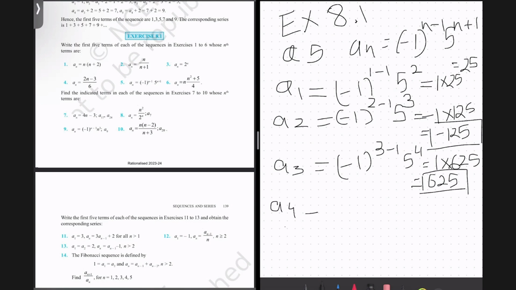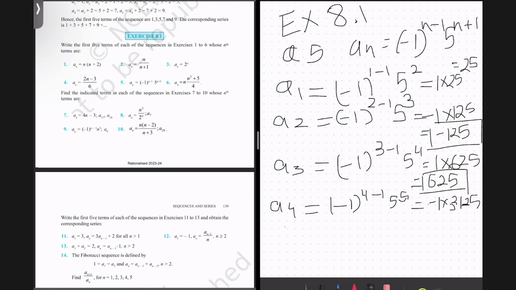Right. For a_4, minus 1 to the power 4 minus 1, 5 to the power 5. And 4 minus 1 is 3. So minus 1 raised to the power 3 would be minus 1. Correct. And 5 raised to the power 5 is nothing but 3125. So I have minus 1 into 3125.